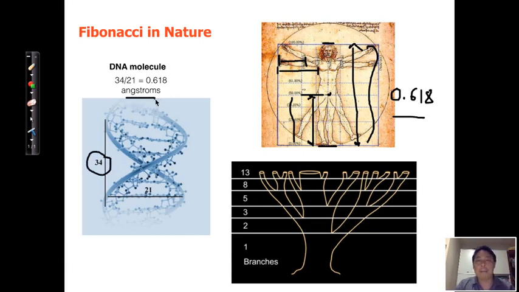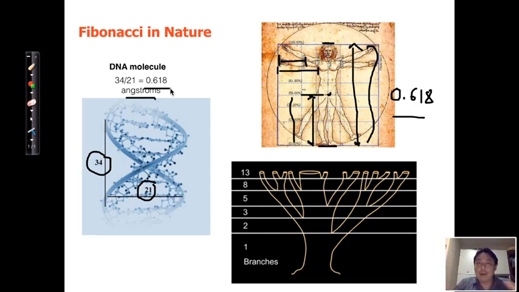Well, that's how they measure the length of a DNA molecule. Okay, I don't know what the heck it means. Sounds interesting. And if you divide the length of the DNA molecule with the width of the molecule, 34 divided by 21, guess what you get? You get 0.618. Ta-da!